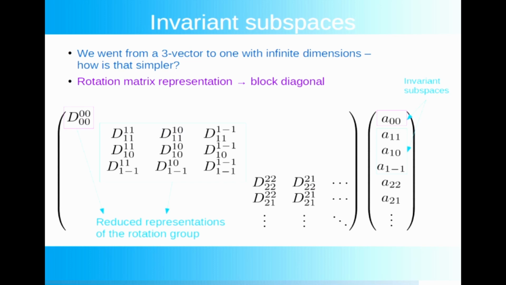And if you now took that state and rotated it, this is what the rotation matrix looks like. Instead of elements scattered everywhere in your matrix, you just have this nice block diagonal form which rotates the L equals 0 part, the L equals 1 part, the L equals 2 part, et cetera.